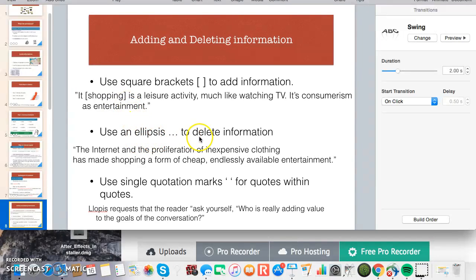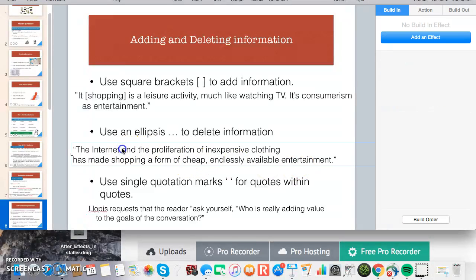The next one is an ellipsis. If you want to delete information, so here we have the internet and the proliferation of inexpensive clothing has made shopping a form of cheap and endlessly available entertainment. If we don't, it's a little bit long, and if we just want to use this part, we can delete, and we can just use an ellipsis, which is dot, dot, dot.